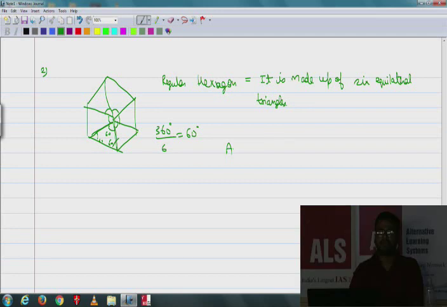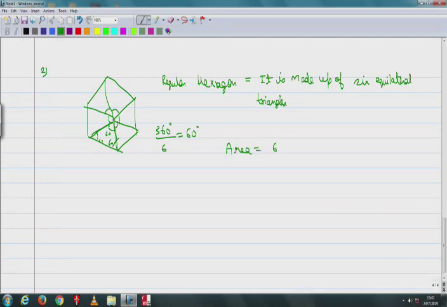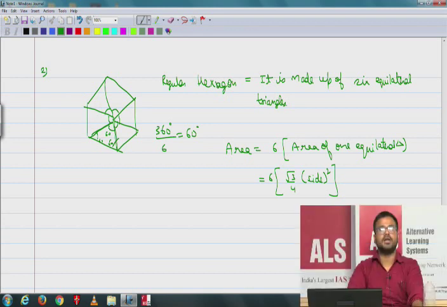So area would be 6 into the area of one equilateral triangle. And the area of one equilateral triangle is root 3 by 4 into side square. So the area of one equilateral triangle multiplied by 6 will give you the area of the hexagon.